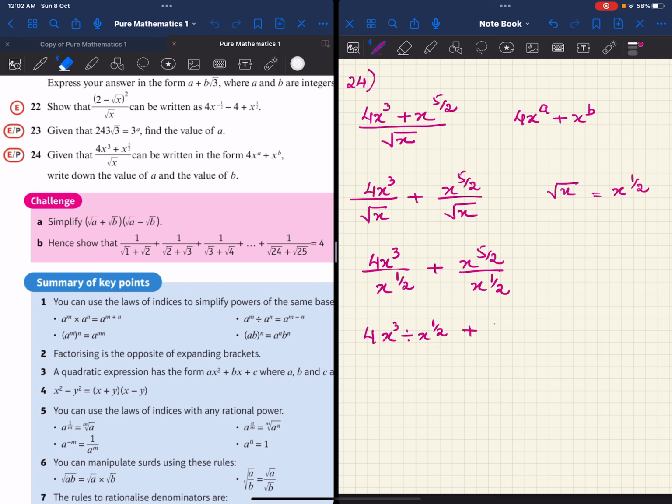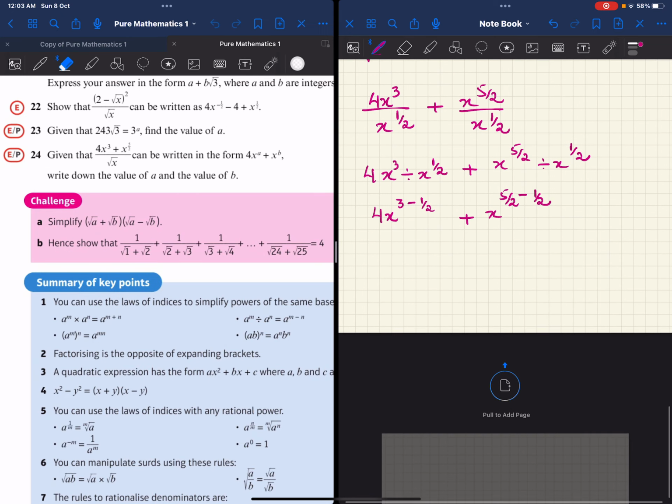Likewise, we have x to the power of 5 by 2, which is dividing x to the power of half. So we have 4x, powers subtracted, 3 minus half, plus x to the power of 5 by 2 take away half, again powers are subtracted because bases are divided.